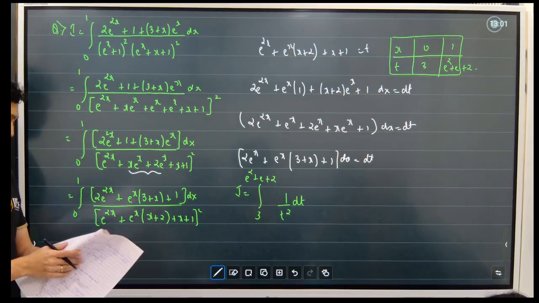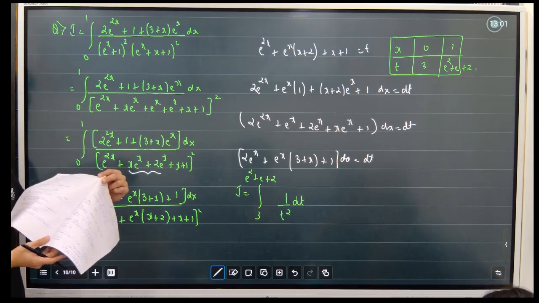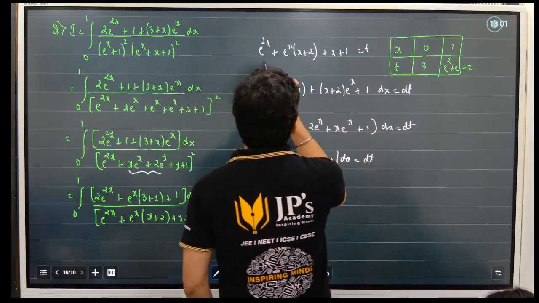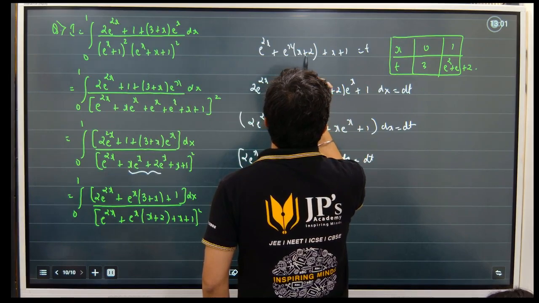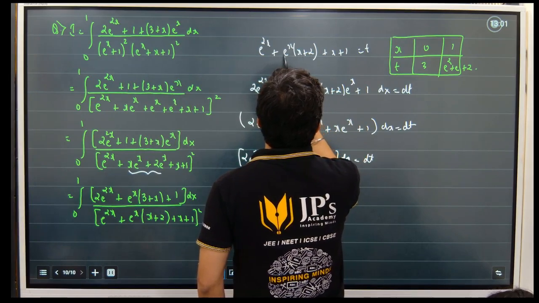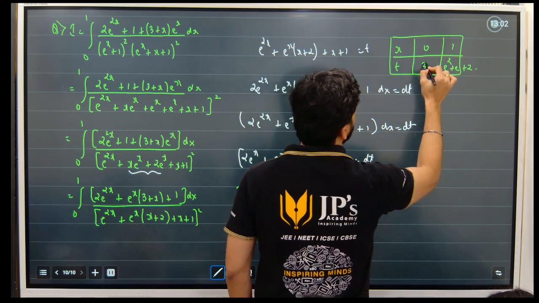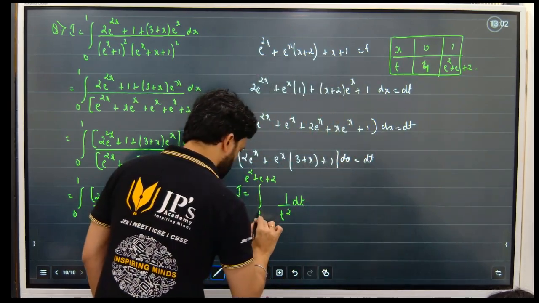The integration of 1 by t square. One minute. 2 plus 1 plus 1 will become 4. Sorry guys, this is 4.